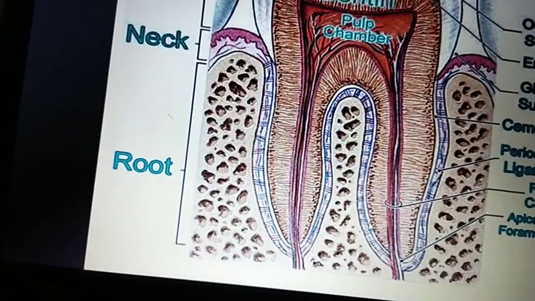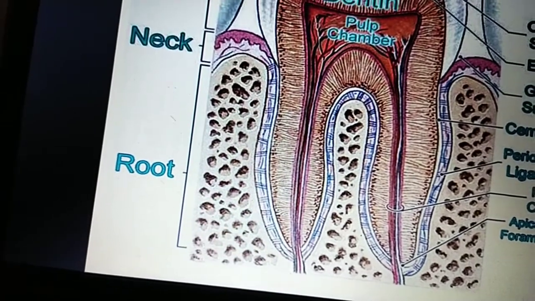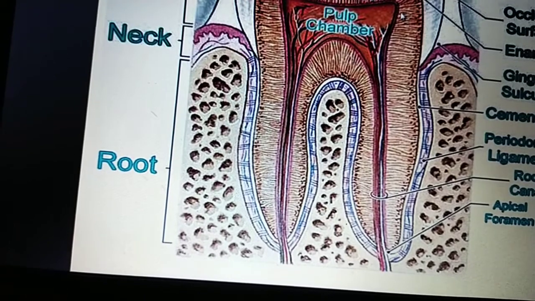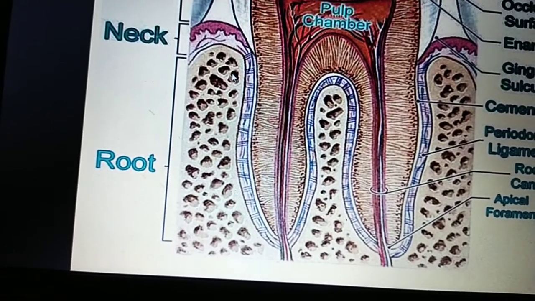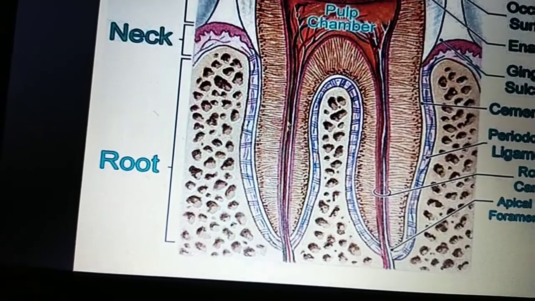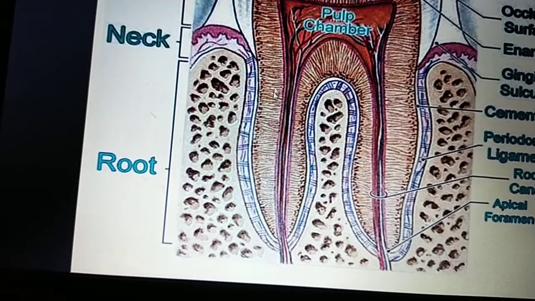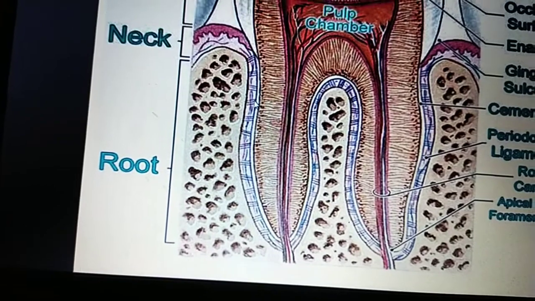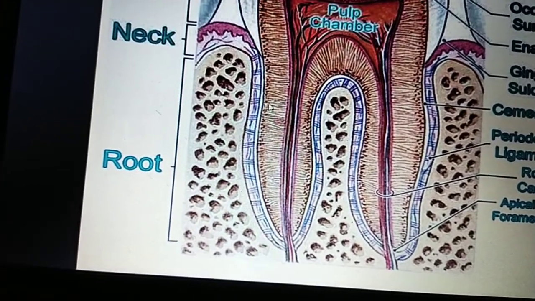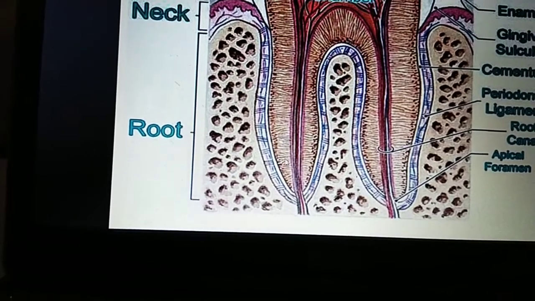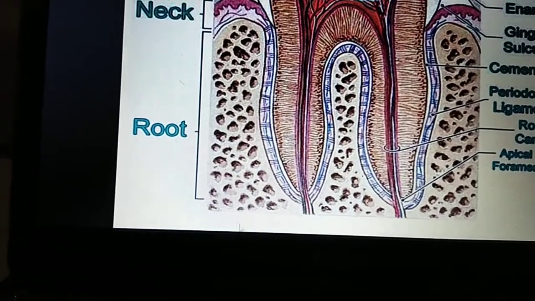Dentin is a substance that lies beneath the enamel. This is the enamel, and this is the cementum. It lies between the enamel and the cementum, and that is called dentin in the tooth. It is created by the cells known as odontoblasts.